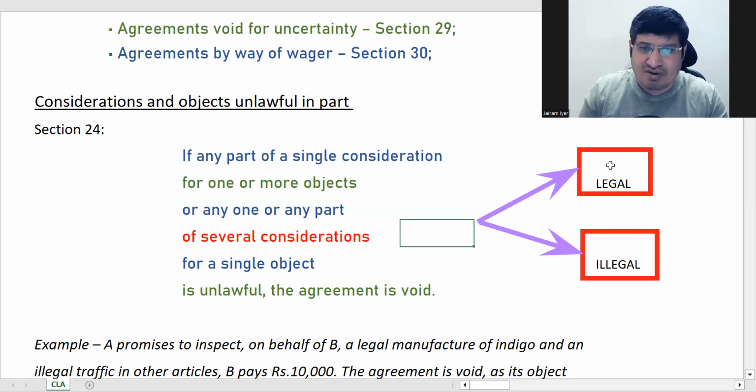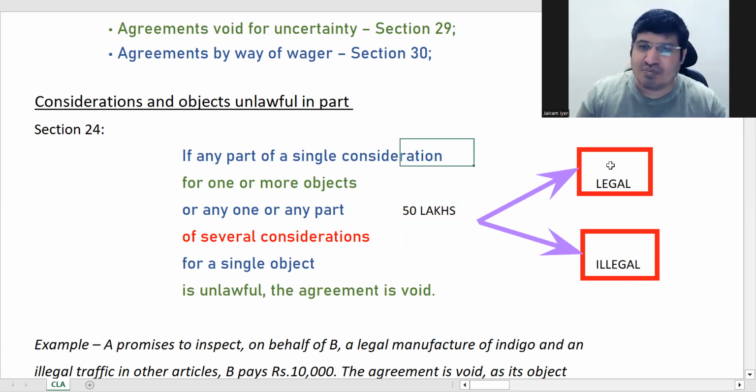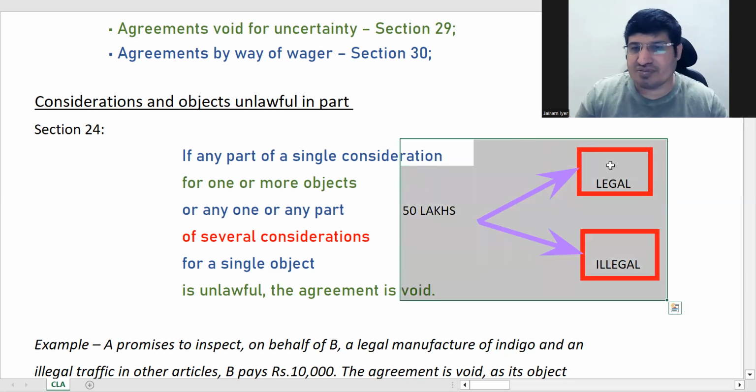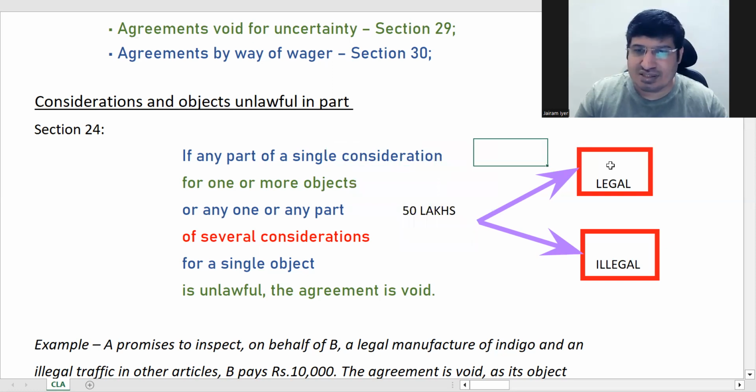Now if the whole consideration I am giving him is say 50 lakhs, then both these contracts are void. Understood?